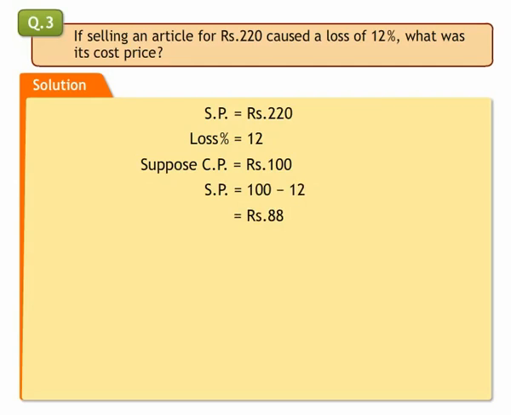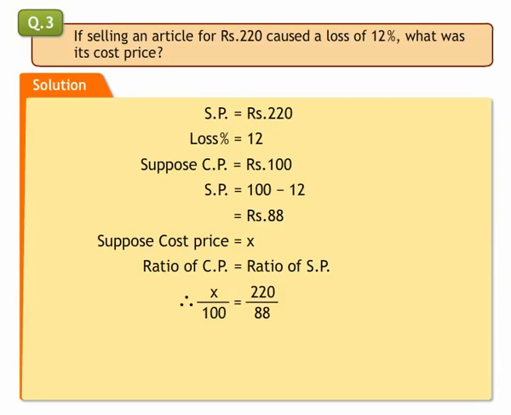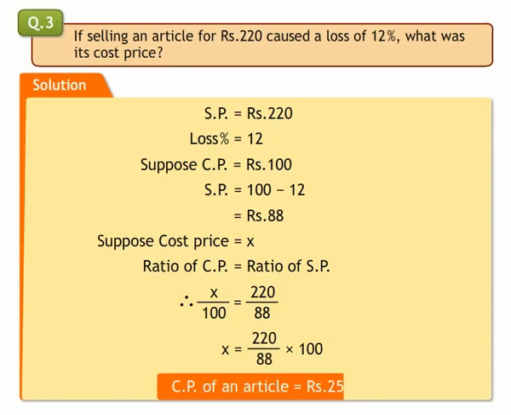Suppose cost price is X. Ratio of cost price is equal to ratio of selling price. Therefore, X upon 100 is equal to 220 upon 88, which is equal to 220 upon 88 into 100. Hence, cost price of an article is rupees 250.